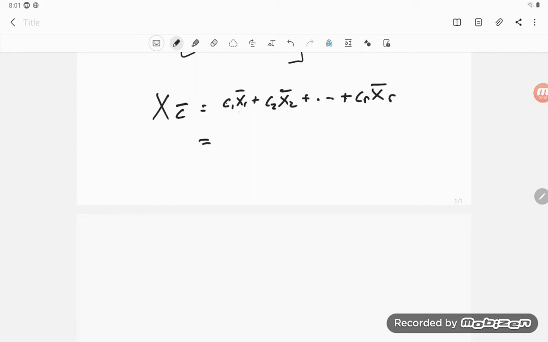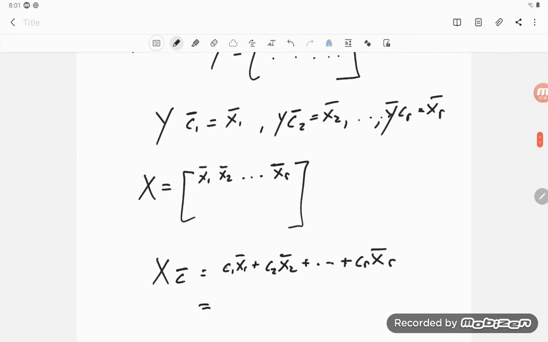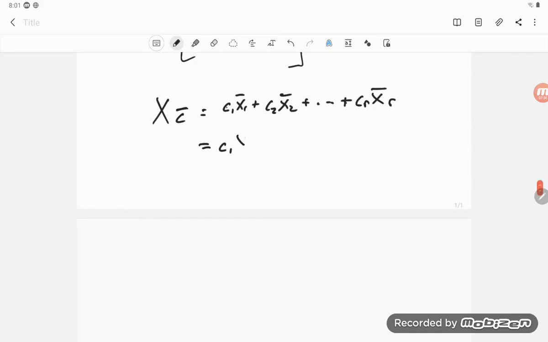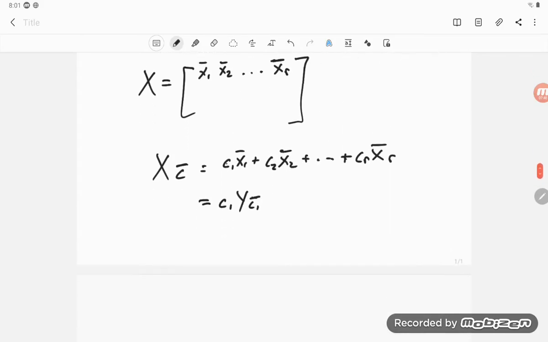But that x1, remember that I can write that as the matrix Y times c1 with a bar over it. So like I say, maybe c is not the best choice.